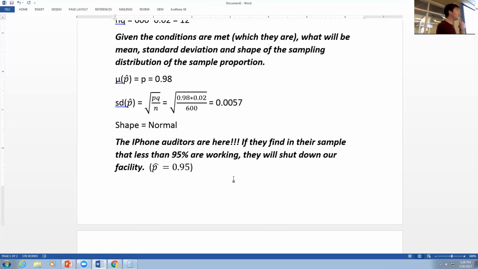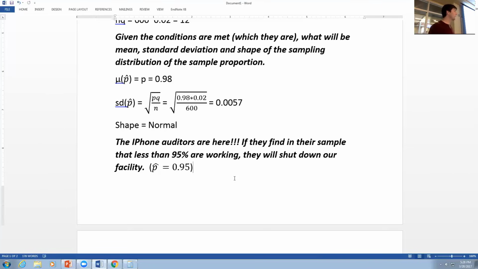What's the truth again? 98. So what should they see? I shouldn't say they have to see this, but what's the most likely thing for them to see in a sample? 98. Now we need to figure out how odd 95% is by doing what?